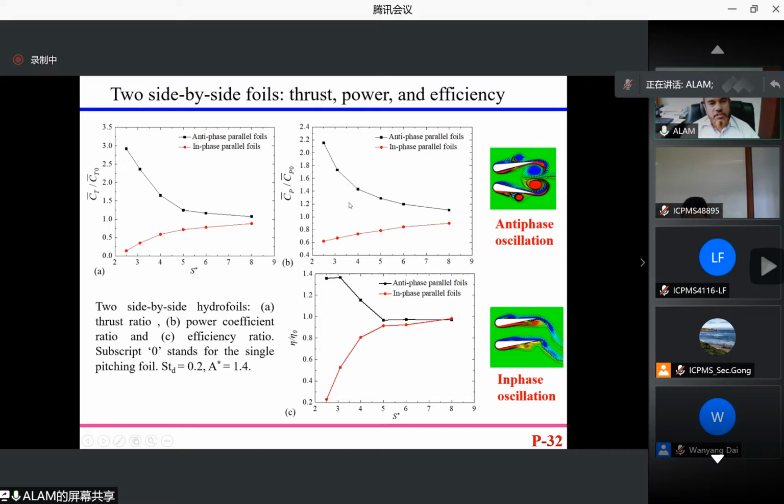If we see the power, still they need more power, but the final decision is the efficiency, and we see that the efficiency for the anti-phase condition is higher than the in-phase condition. So that's the final conclusion: if the two fish swim side by side, they oscillate their tails in anti-phase fashion.